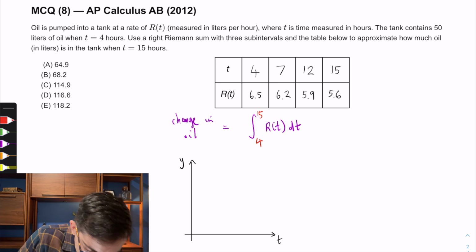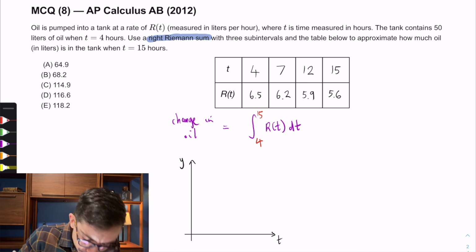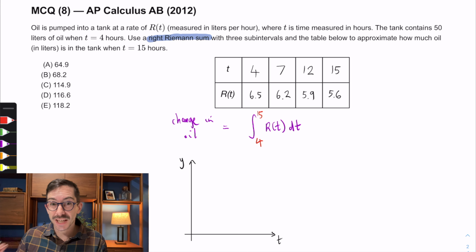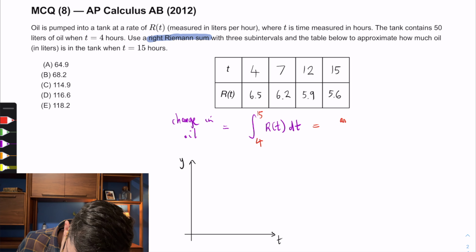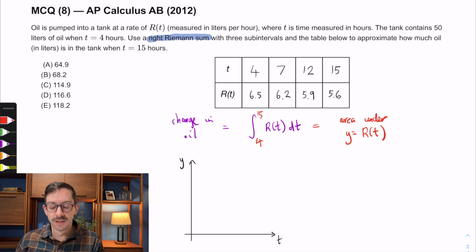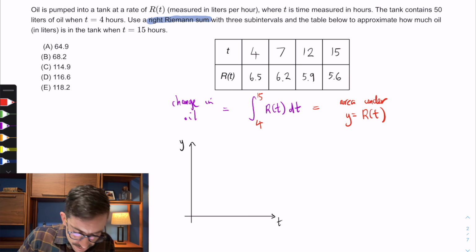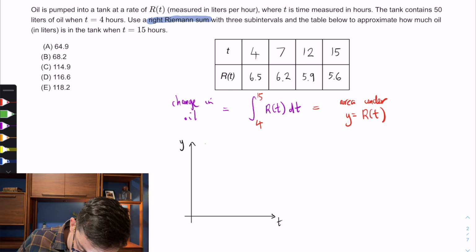With that definite integral, we're being asked to approximate it using a right Riemann sum. And Riemann sums are to do with integrals, and integrals are to do with areas under graphs. So this is going to be the area under the curve y equals r of t as t goes from 4 up to 15.